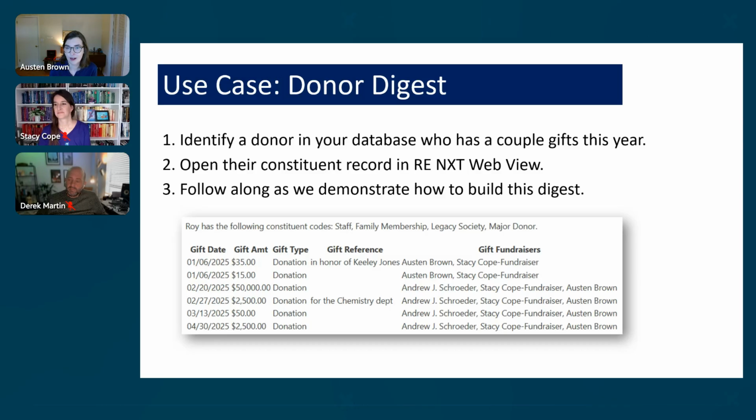Think of a donor who's given a couple of gifts this year, and go ahead and locate their constituent record in WebView. And I'm going to stop sharing my slides and figure out how to do that, and then we'll get started. And what we're going to end up with is this digest, and we're going to primarily use data operations actions to end up here.